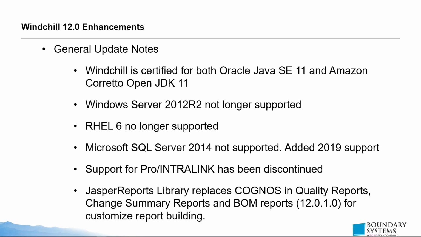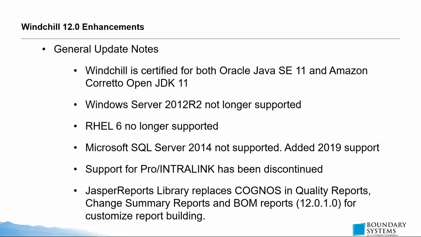All right, so one of the first things inside of here, general update notes, is Windchill is not only certified for Oracle Java, now that Oracle has purchased Java, it's also certified on Amazon Corretto and OpenJDK 11 as well. There's also, I think, with Oracle now having Java, a price point there as well.